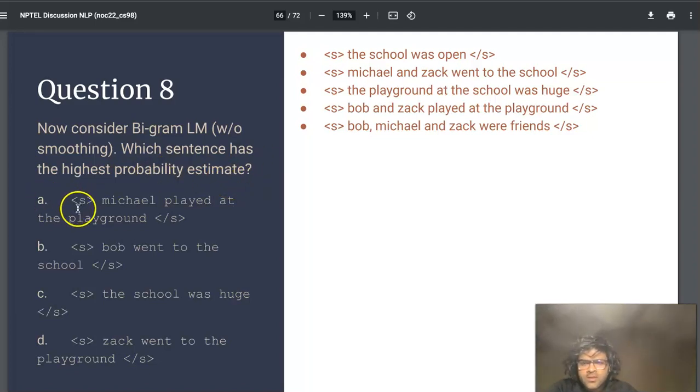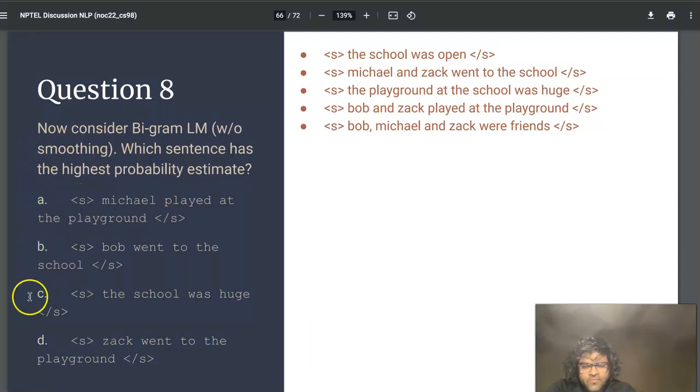So there are 4 sentences. They are asking, given the corpus and the bigram language model without smoothing, which sentence has the highest probability estimate? If you see the wording, without smoothing, that means we are not going with any kind of smoothing.